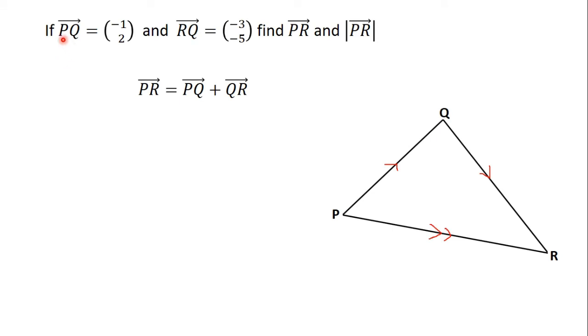The question gave us the vector PQ to be -1, 2. But we are looking for vector QR and what the question gave us is vector RQ.